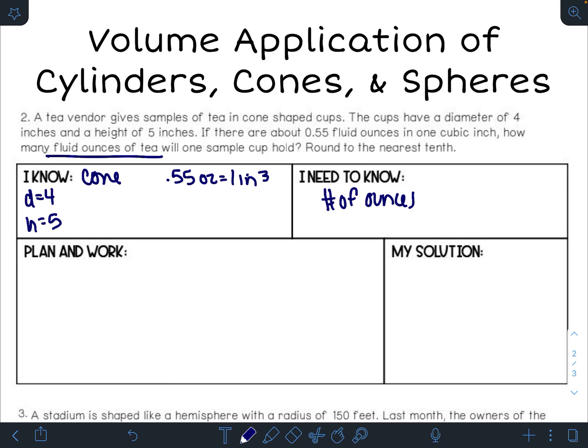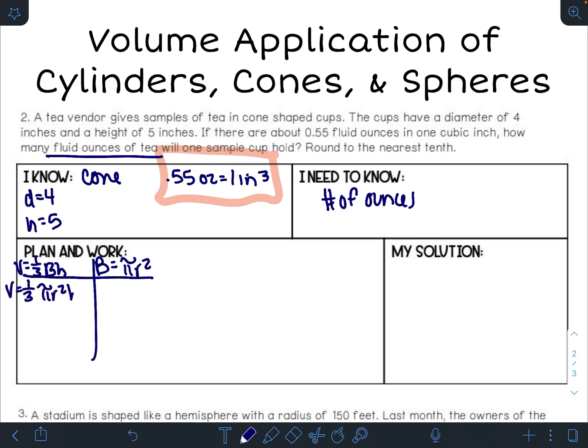If I start my formula here, I have V equals 1/3 big B times H because I'm working with a cone. I first have to find the volume of just the cone itself, and then I can deal with the ounces. My big B is area of my base, which is pi r squared, so V equals 1/3 pi r squared times height.